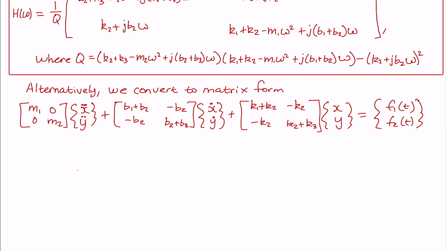Or we'll write this in our standard form: m z double dot plus b z dot plus k z is equal to f of t.